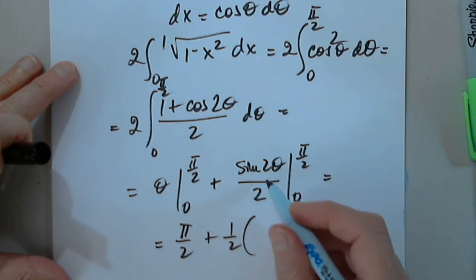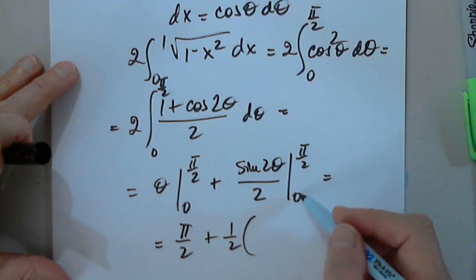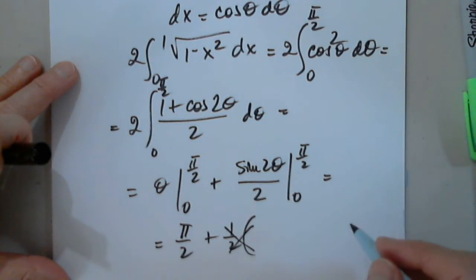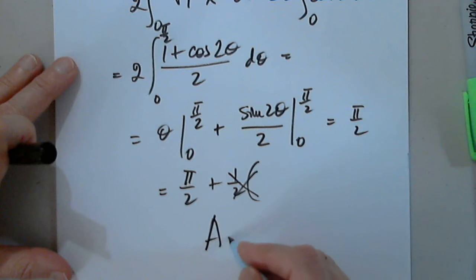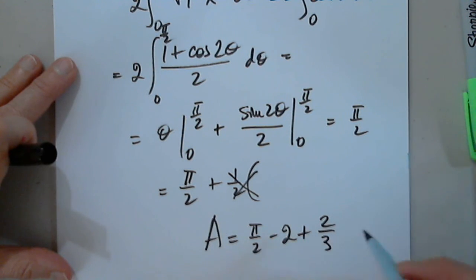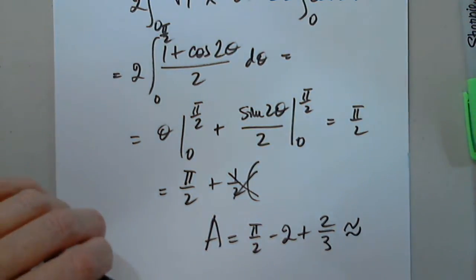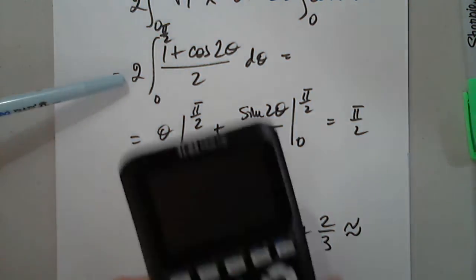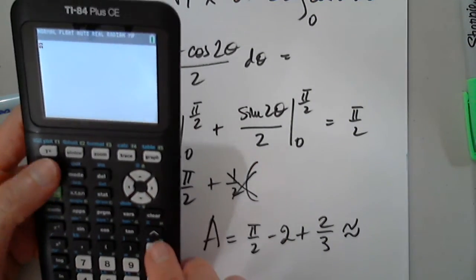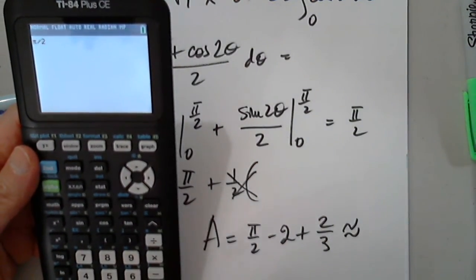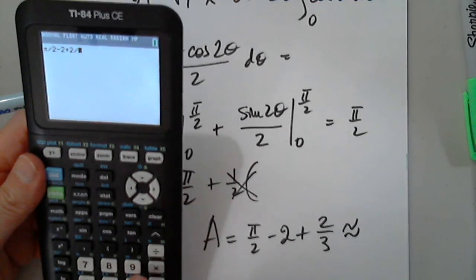This is 0. This is 0, and this is 0. Okay, so this is pi over 2. So now the entire area is pi over 2 minus 2 plus 2 over 3. And we're going to check. So this is pi divided by 2 minus 2 plus 2 divided by 3.